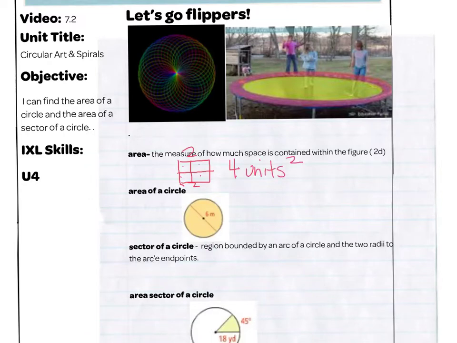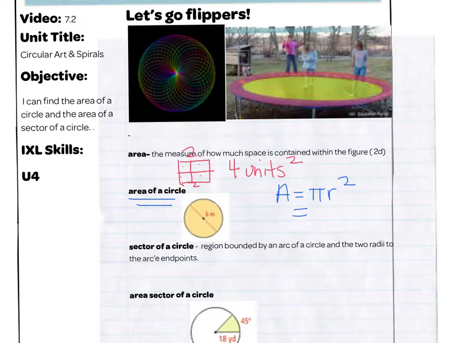Now because we have a circle, we want to figure out, well, what is the area of a circle? So here is a circle, and this circle has a diameter of 6, and we see that right there. So we want to use pi r squared to determine what the area is.